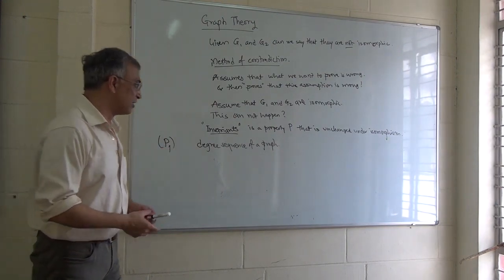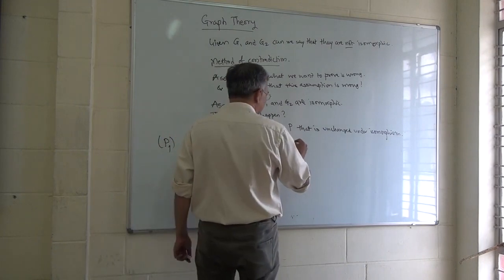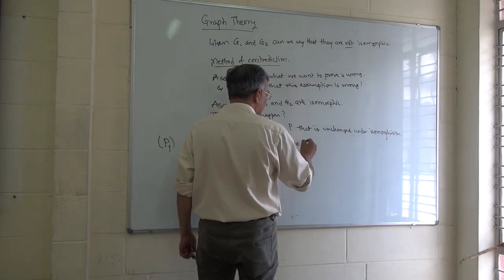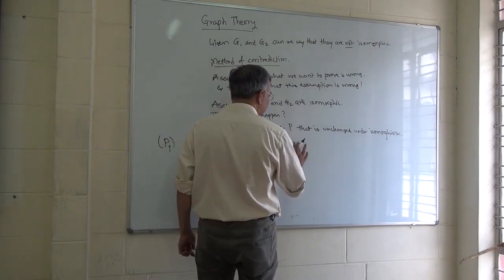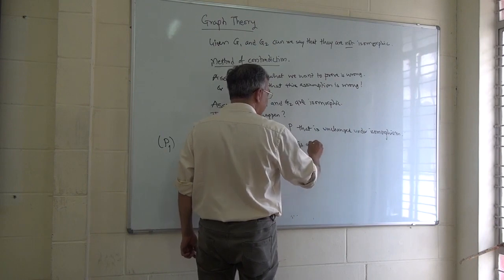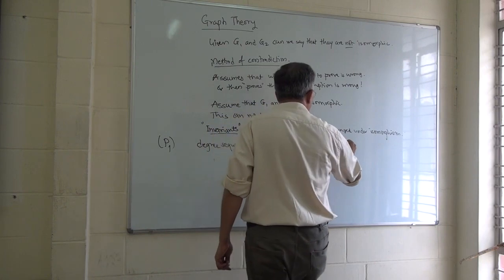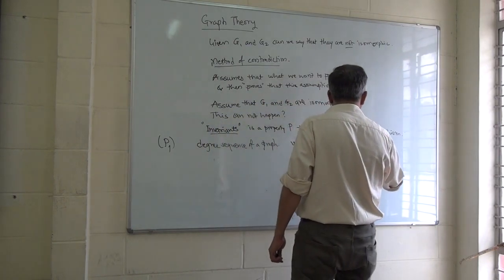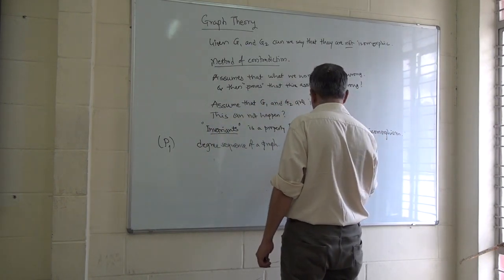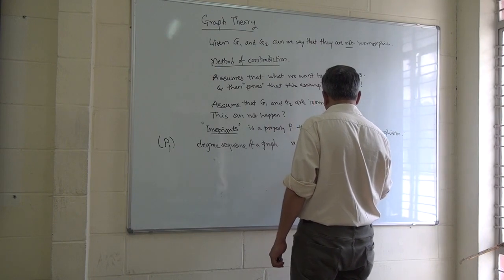So you know what the degree of a vertex in a graph is. If V is a vertex in a graph G, then the degree of V is the number of edges.